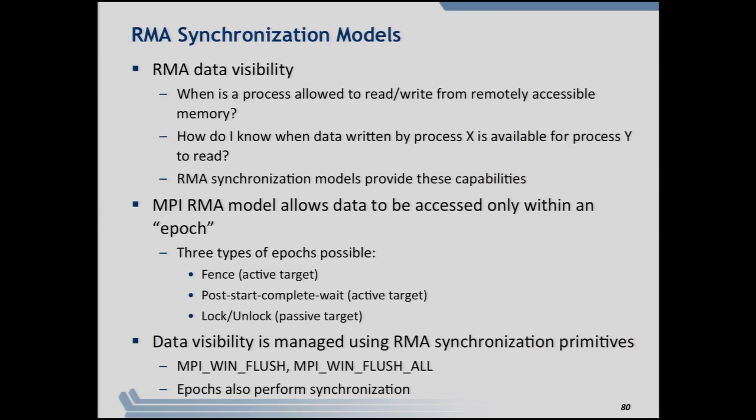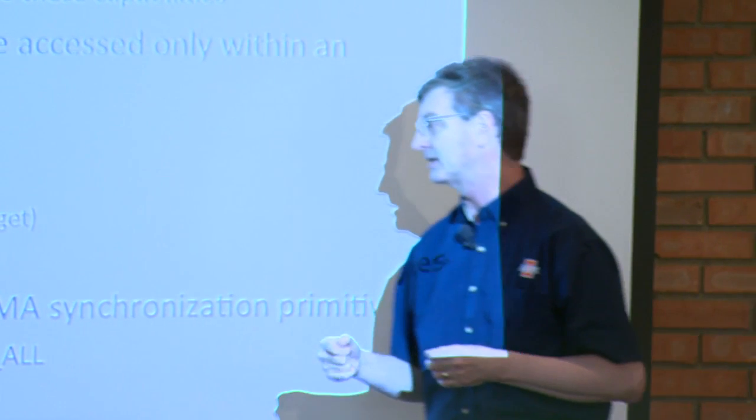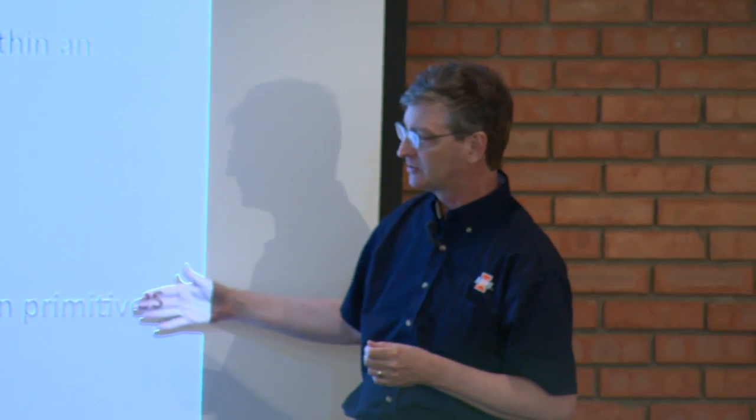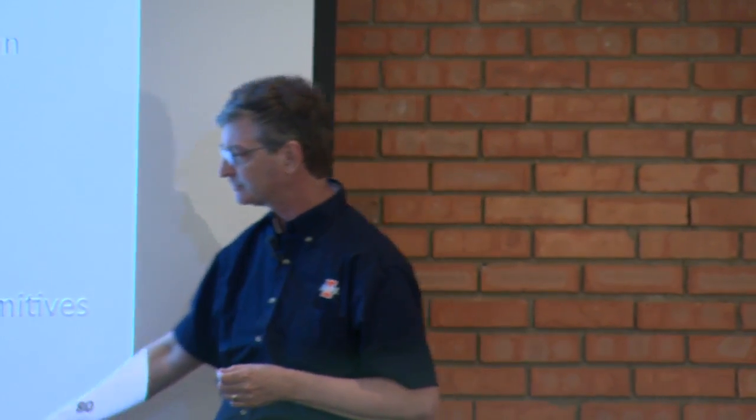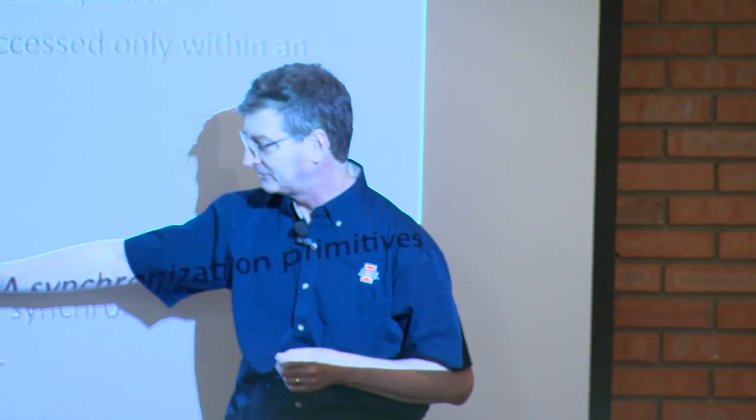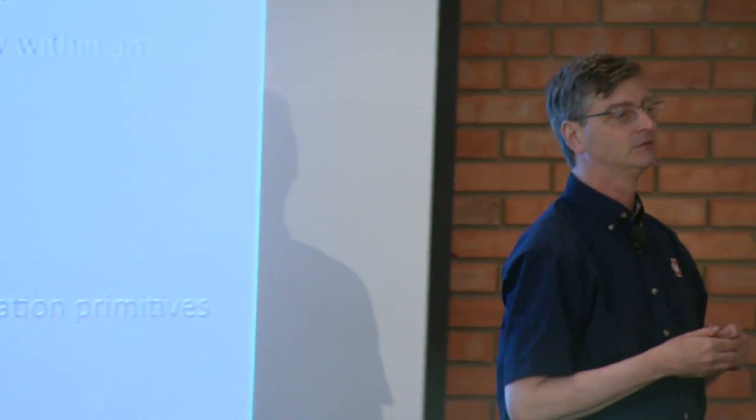In the passive target, only the process that issued the communication routines also does the synchronization routines. In the passive target case, we can also do more fine-grained control through these flush routines, which were also added in MPI 3.